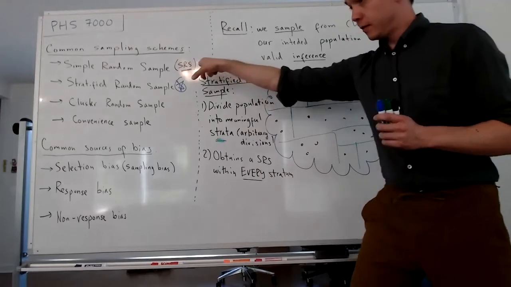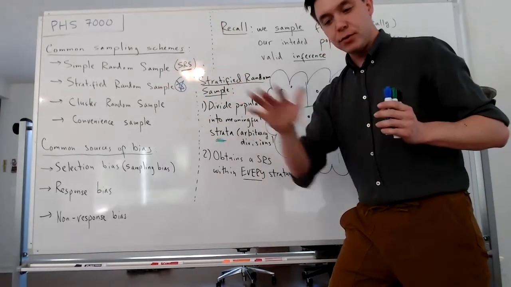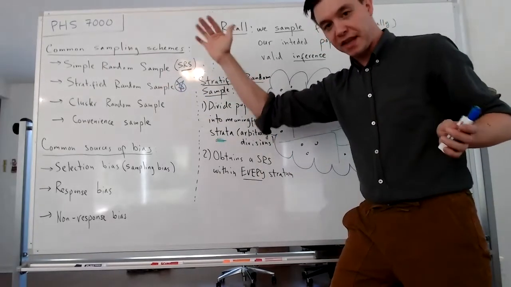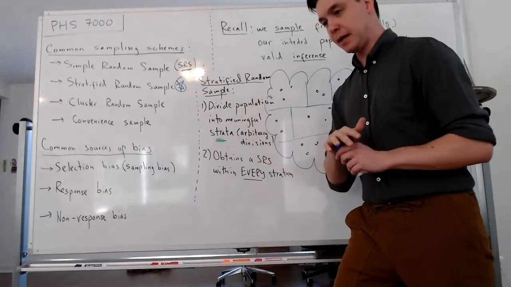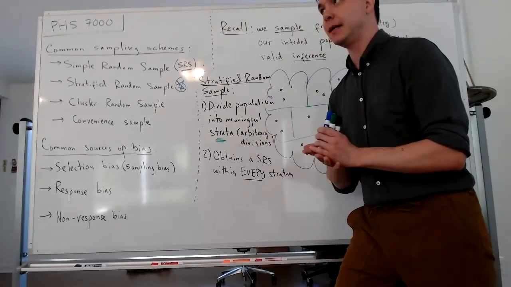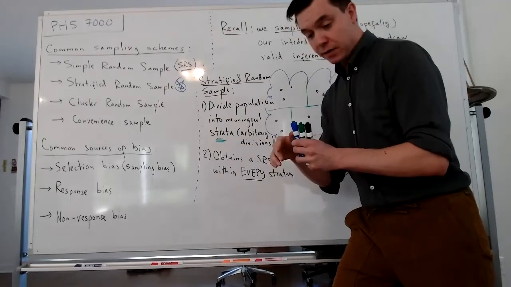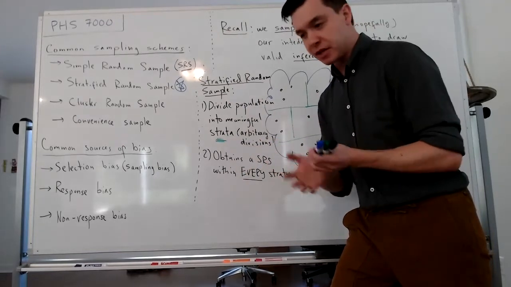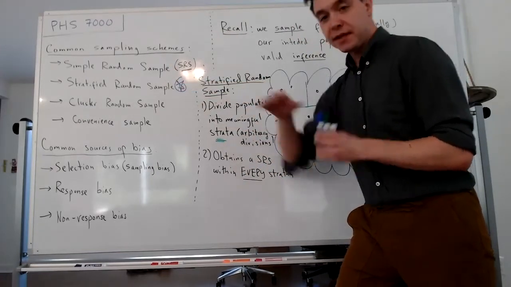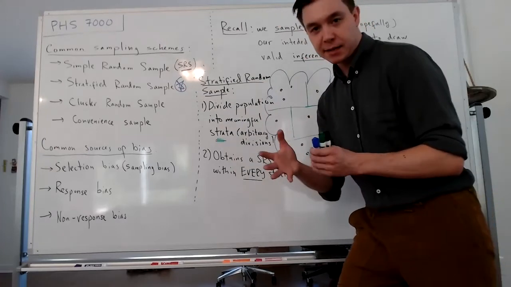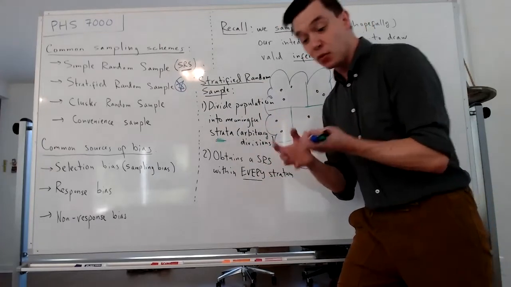So Virginia, of course, has a huge southwest to northeast sort of gradient, for example, for income, as well as other socioeconomic, racial demographics. So one thing to do would be to define strata as schools, for example.